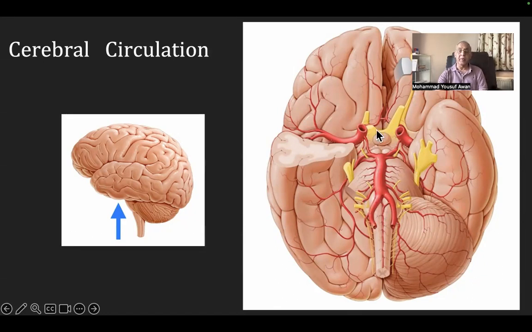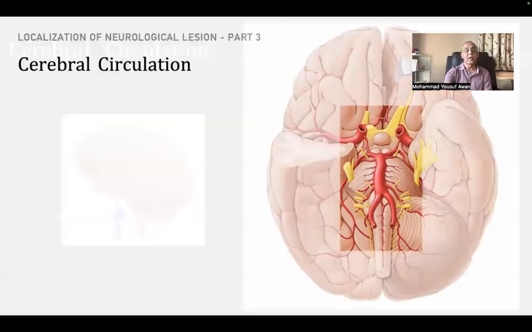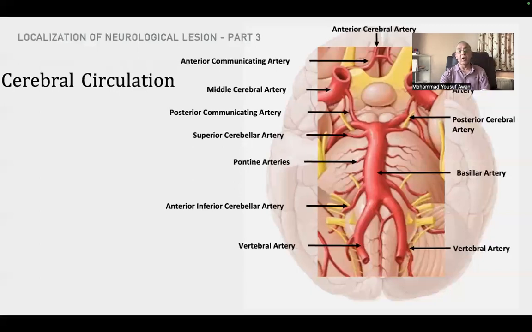So the carotid system supplies the anterior part of the brain and is known as the anterior circulation, while the posterior part of the brain is supplied by the vertebrobasilar system, and this is called the posterior circulation. Two vertebral arteries join into the basilar artery, and the basilar artery divides into the posterior cerebral artery and superior cerebellar artery, and this is the posterior circulation of the brain.